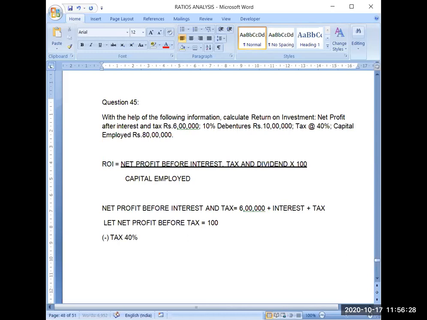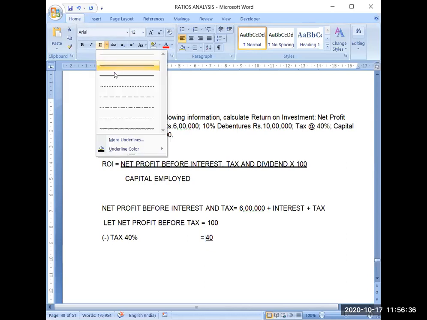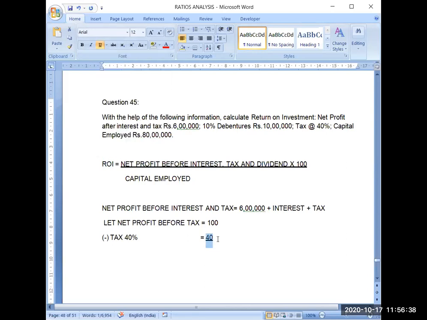So if I am paying 40% tax, I will deduct 40 from there, and my profit after tax will be 60. Profit after tax will be equal to 60.